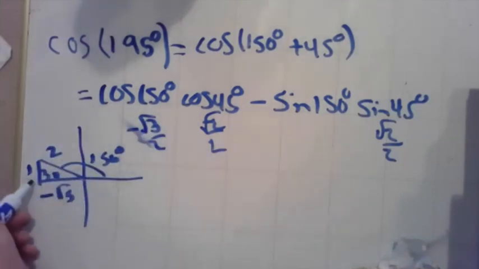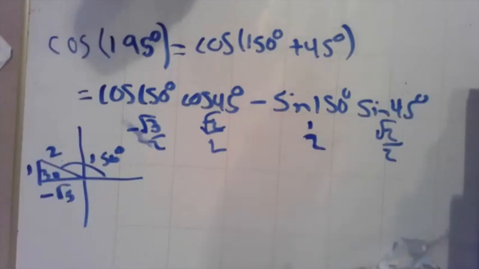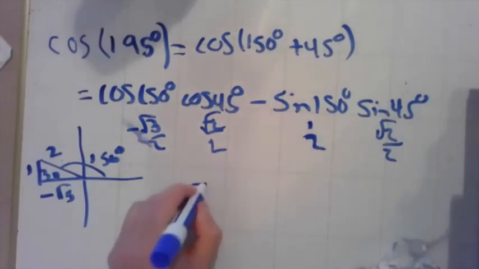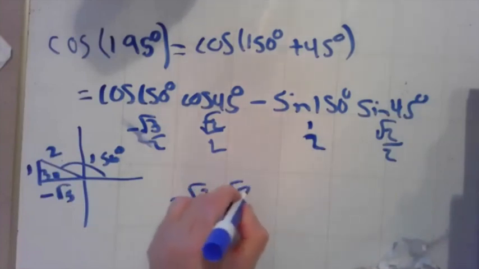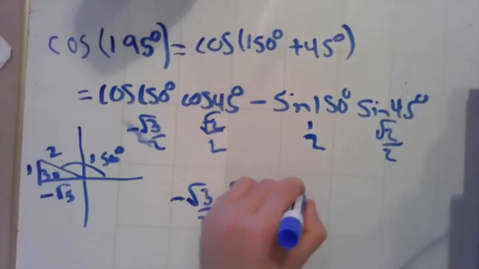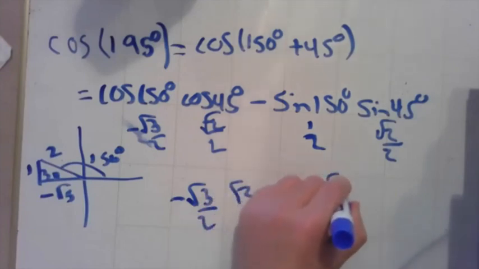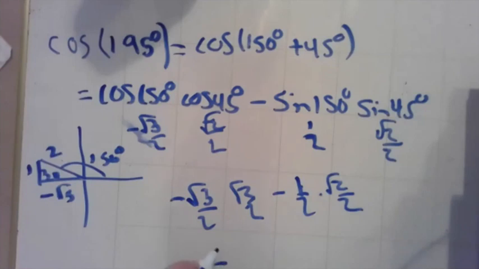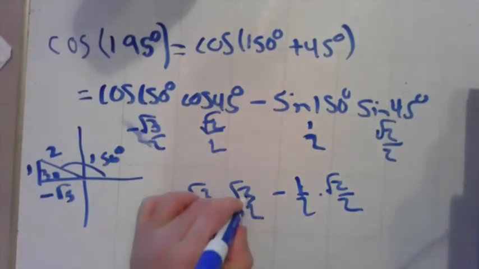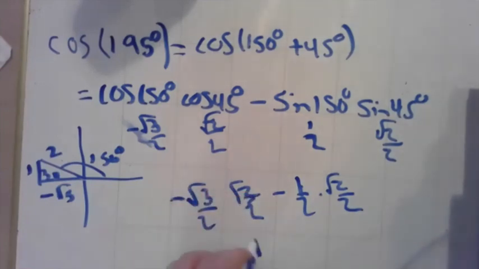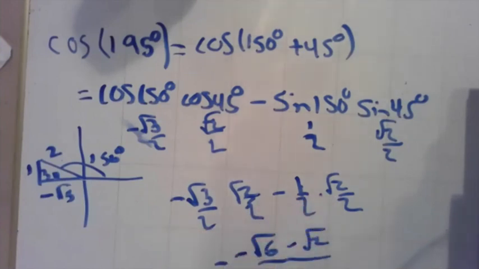Sine of 150 is 1/2. So I get negative root 3 over 2, root 2 over 2, minus 1/2 times root 2 over 2. So I get negative root 6 minus root 2, over 4. Sorry, those are over 4.